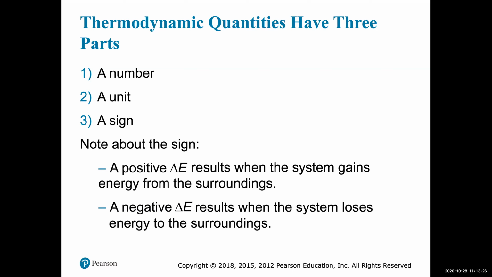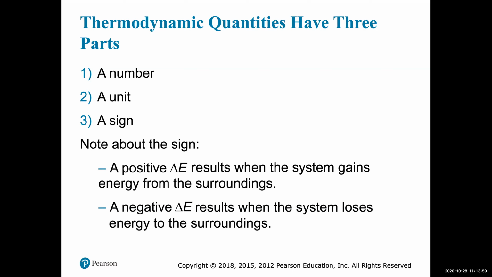Once again, a positive delta E, you get that when the system gains energy from the surroundings. In other words, when energy goes into the system, delta E is positive. The opposite is true. When energy goes out of the system, so the system loses energy to the surroundings, then you get a negative delta E. So that sign tells us which way the energy is flowing.